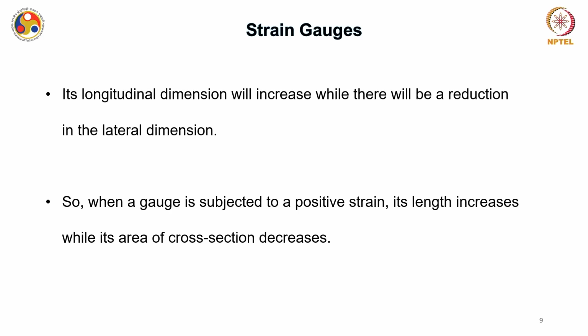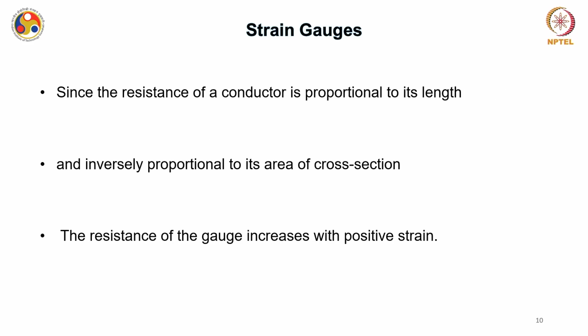Okay. So when a gauge is subjected to a positive strain, its length usually increases while its cross-sectional area will decrease. Okay. Since the resistance of a conductor is proportional to its length, as we have just seen, and is inversely proportional to its area of cross section, the resistance of the gauge increases with positive strain.